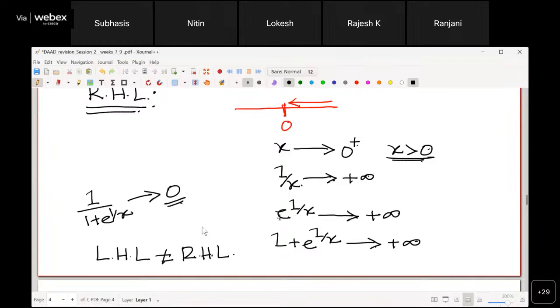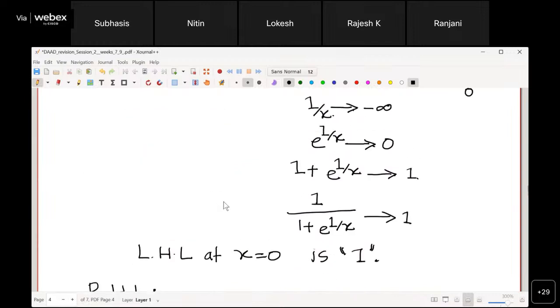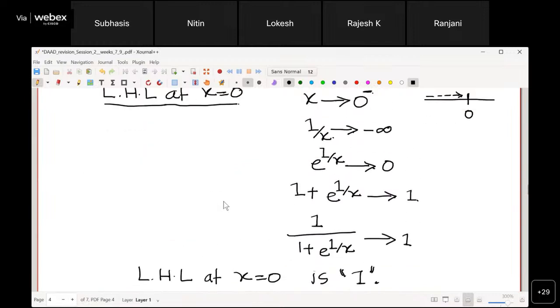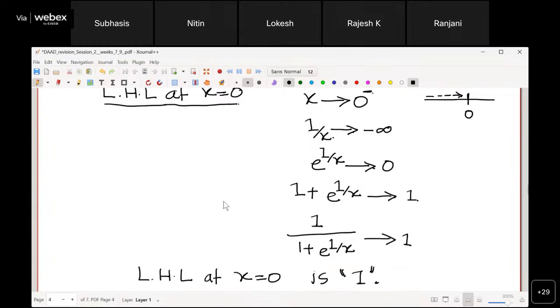Bashir, just scroll up a little more to the negative part. See, it's saying if x tends to negative infinity, 1 by x tends to minus infinity. Will e raised to 1 by x tend to 0 or tend to minus infinity? See, e power y is always greater than equal to 0, it doesn't matter what the value is.